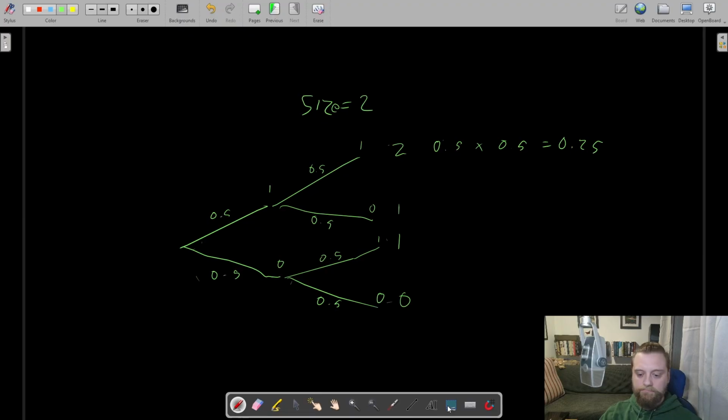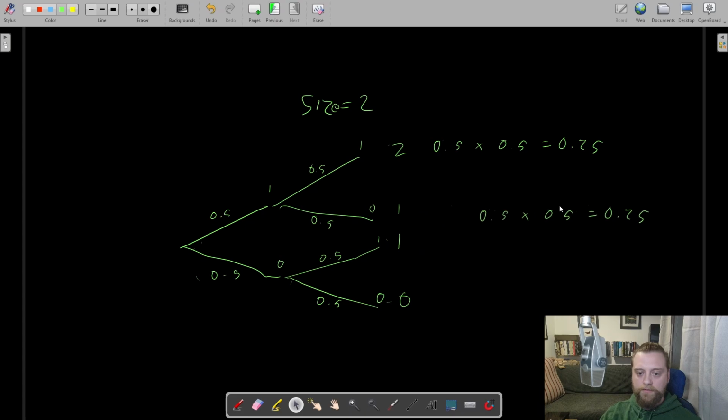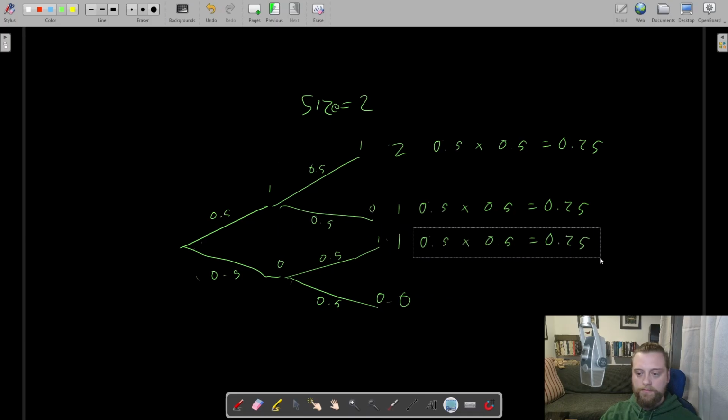And this is then the same across every branch. So we've got same here, same here, and the same again here. So my individual outcomes then are all the same. So 0.25 on each branch because they're all 0.5 times 0.5.